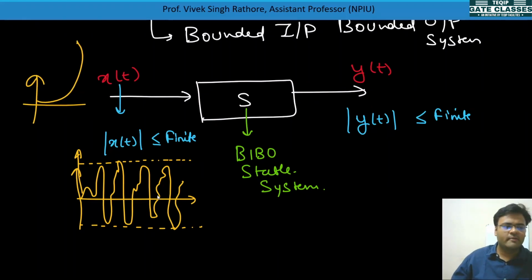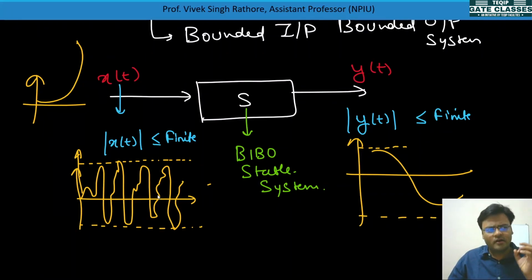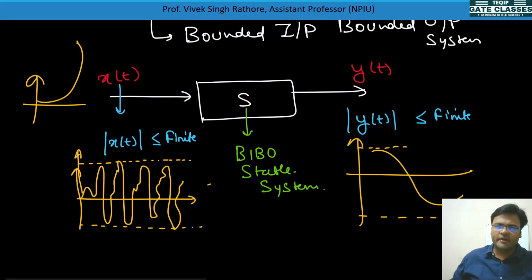So this is bounded. For this type of signal, let's suppose the output is also like this, so this is also bounded. So if for a bounded input you are getting a bounded output only, then that system will be called a bounded input, bounded output stable system.